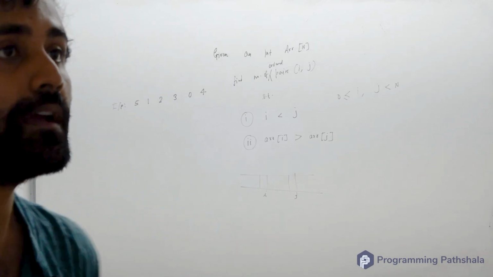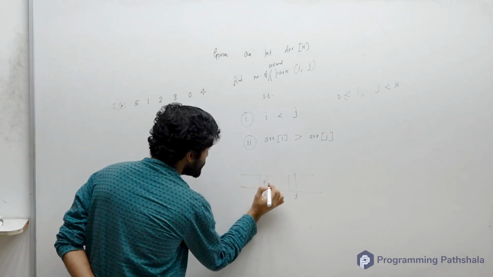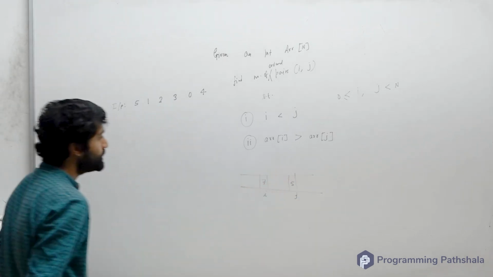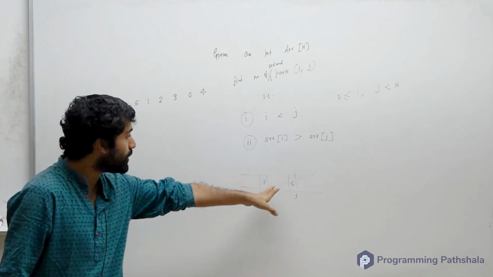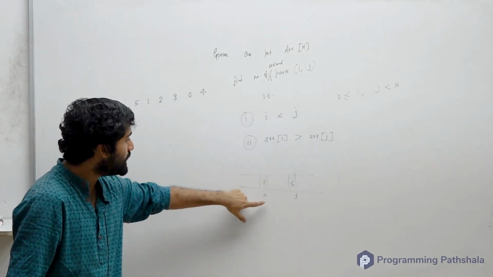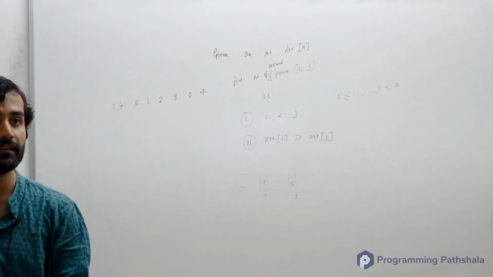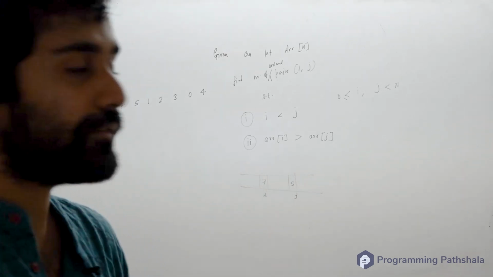That is the first thing. But at the same time, the value present over here should be greater than the value present over here. Okay, so such kind of combinations I want, such kind of i, j for which i is towards the left of j, but the value at i is strictly greater than the value at j, right? So these are the kind of combinations that I want.